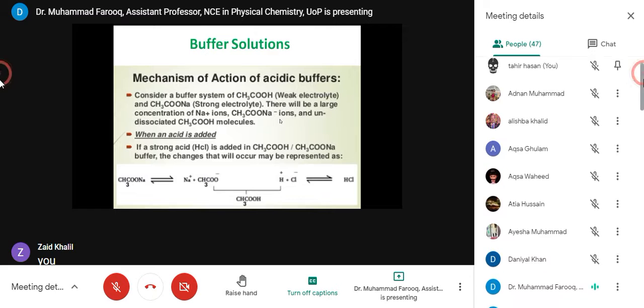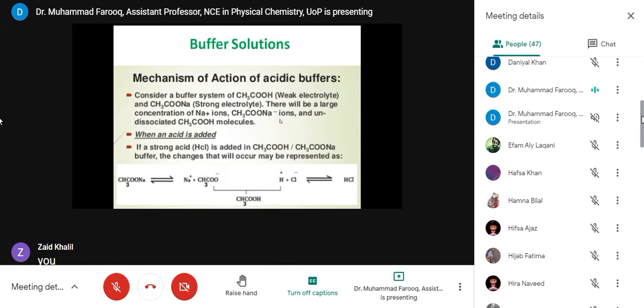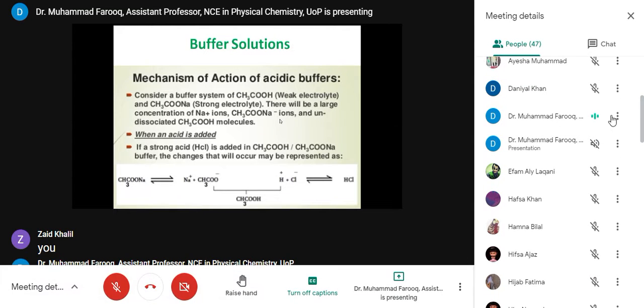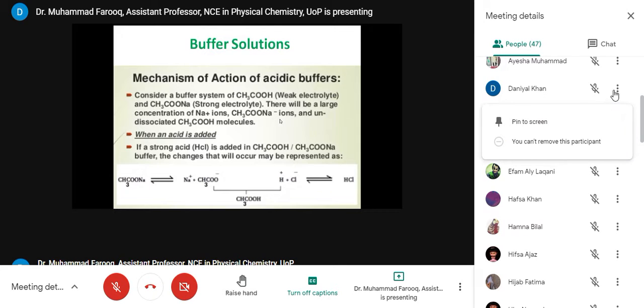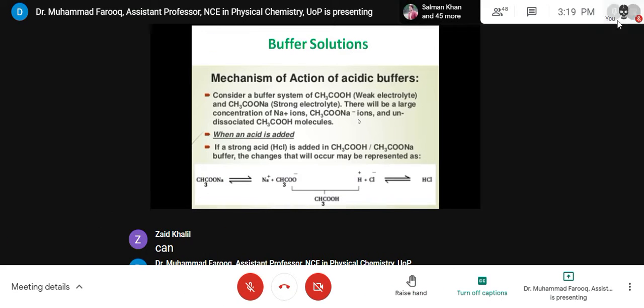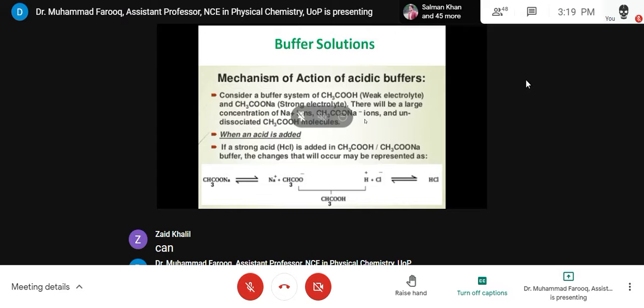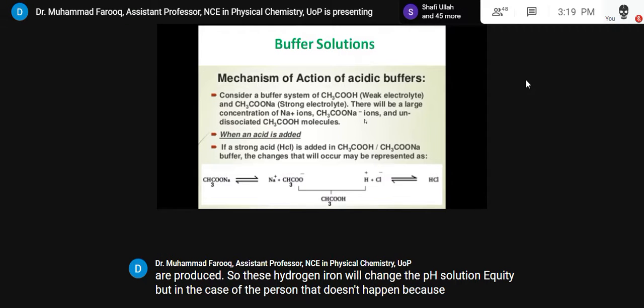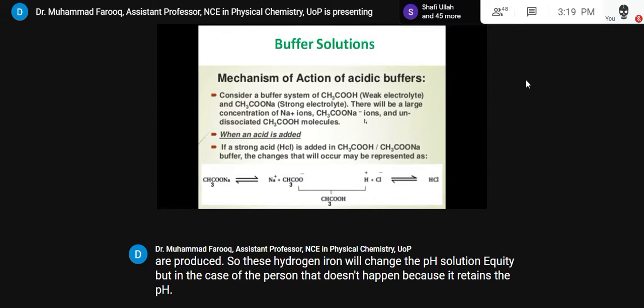When a small amount of acid is added, what happens? Hydrogen ions are liberated, produced. So these hydrogen ions will change the pH of the solution actually. But in the case of buffer solution, it doesn't happen because it retains its pH. How?